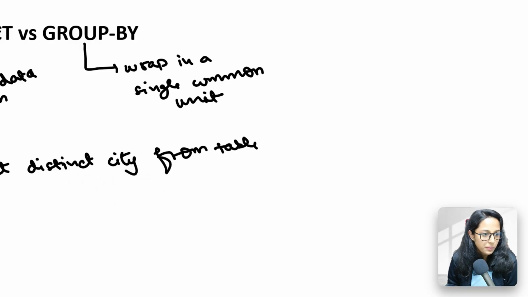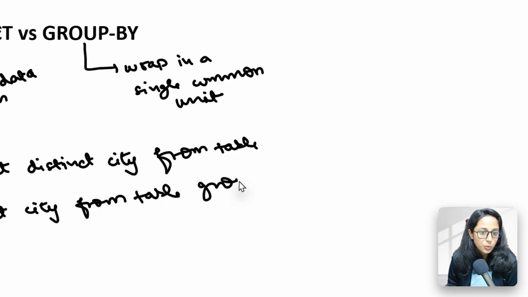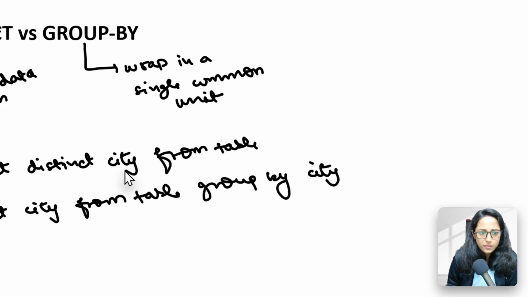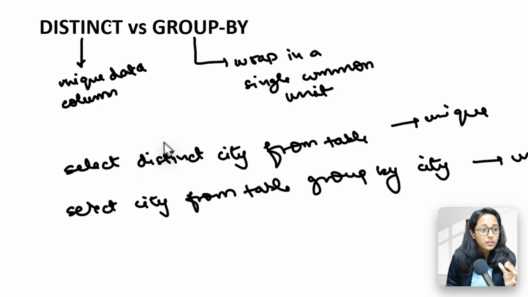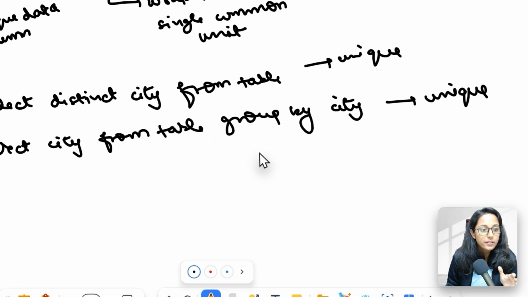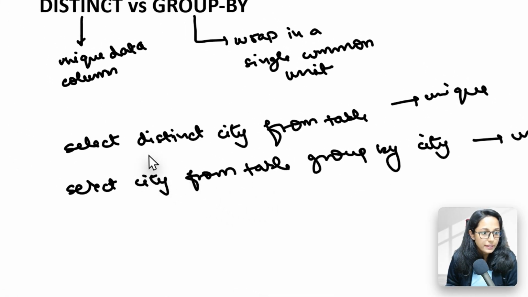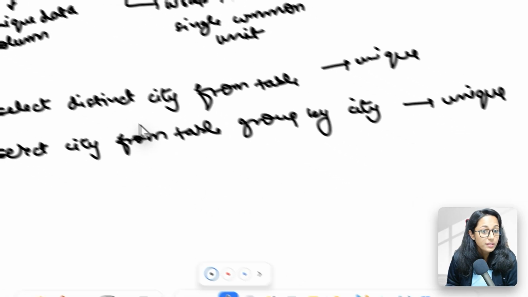But if I say select city from table group by city, you would say this would also give me some unique data, since we are grouping it. That is true. But here we are fetching the unique records, and here it is trying to combine them all together. That is the major difference between distinct and group by.